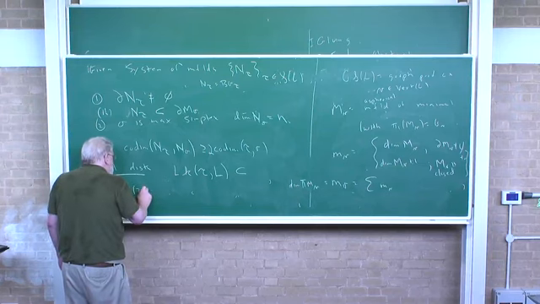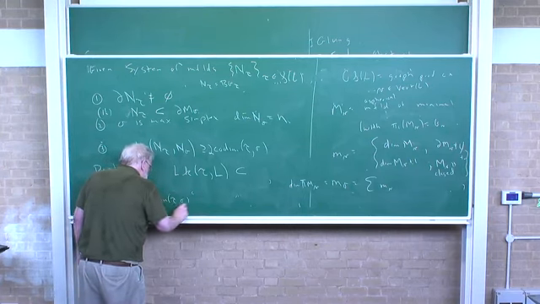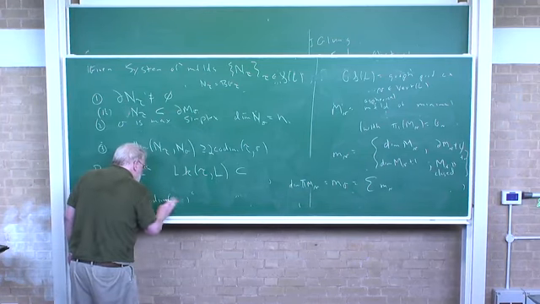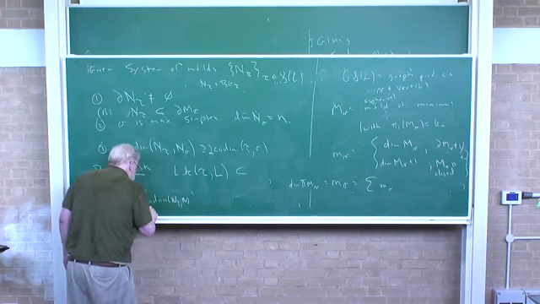Let's say C of tau is this maximal codimension, the codimension of N tau in N sigma, where sigma is maximal.